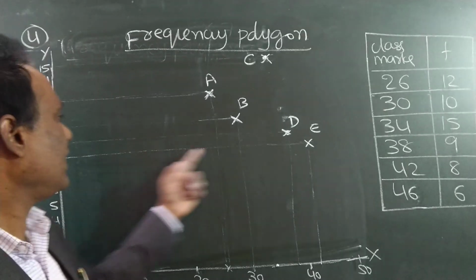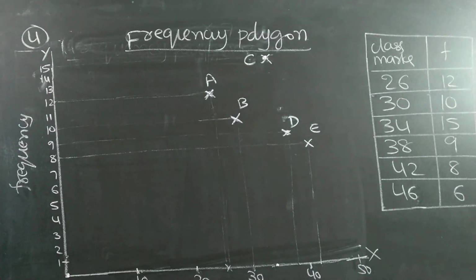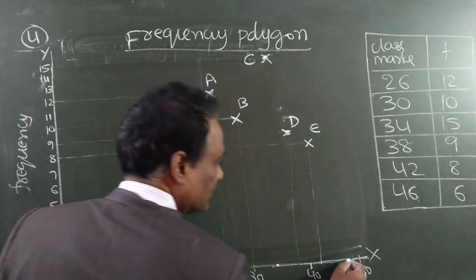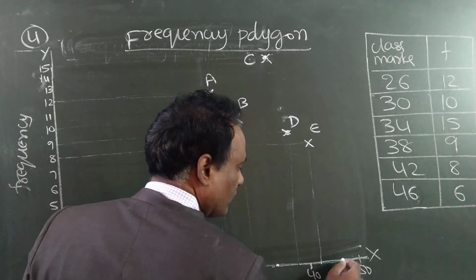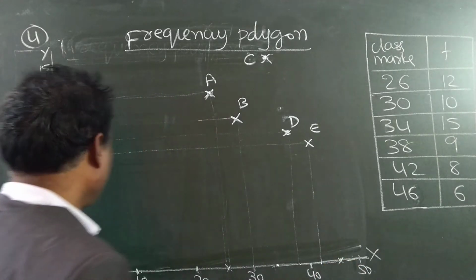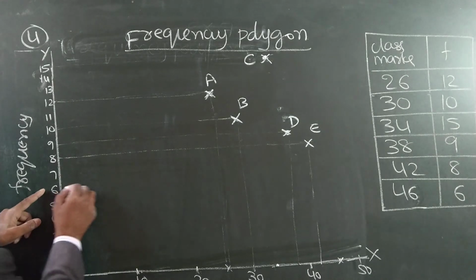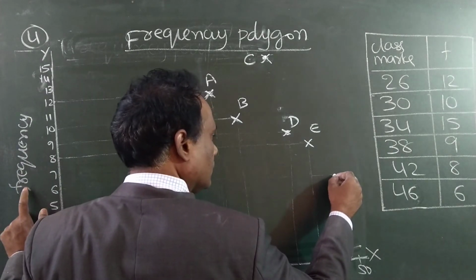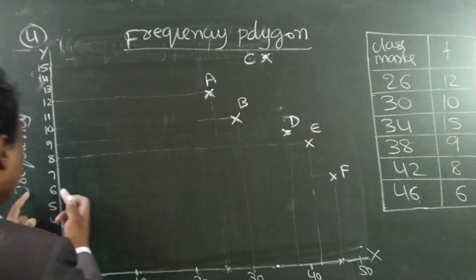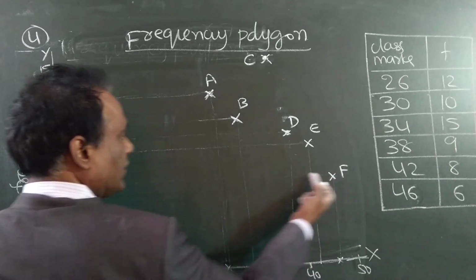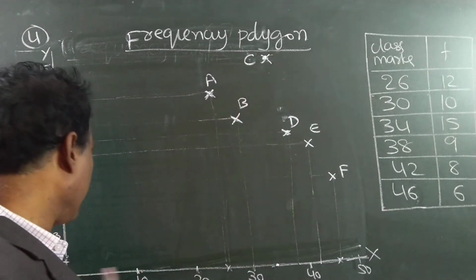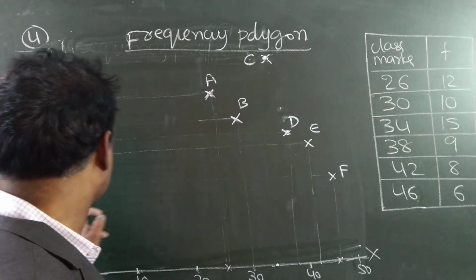Next, 46, 6. 46 means after 44, 6 boxes. 46, 6. 6 means here.